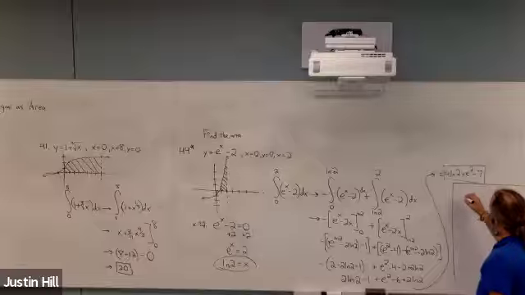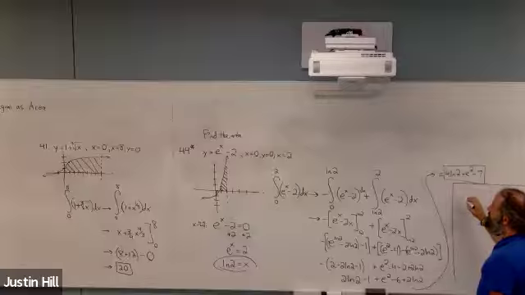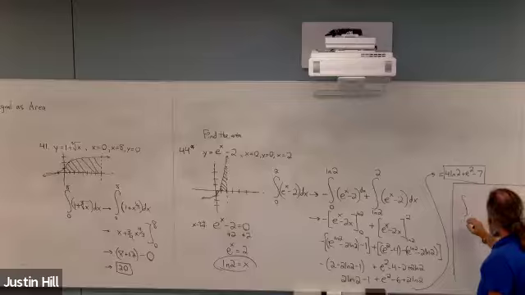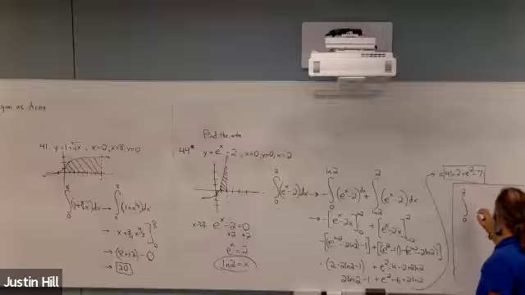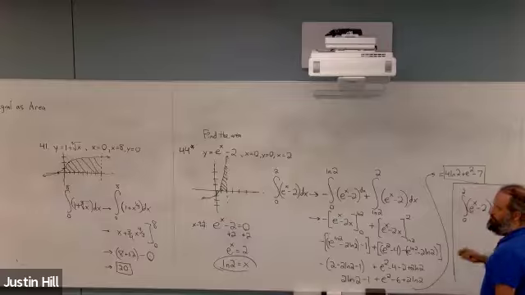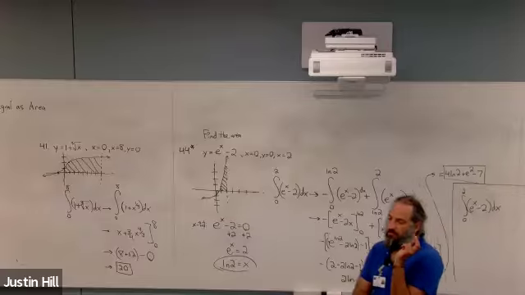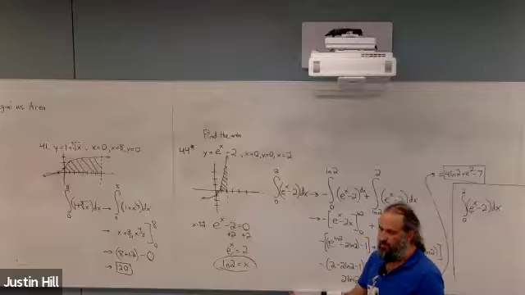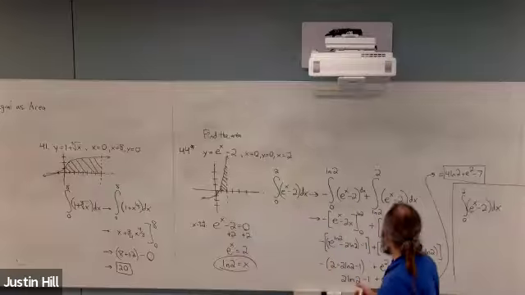So let's say you just integrated from 0 to 2 of e to the x minus 2 dx. So you didn't bother to look at the graph. You just saw it as one total thing, and you integrated from 0 to 2.